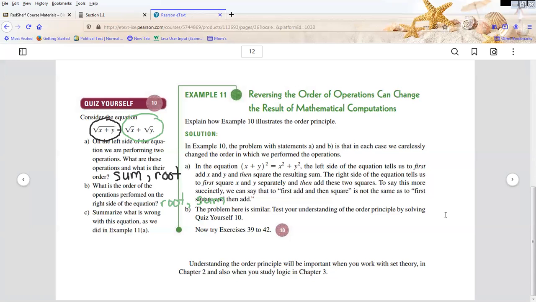So you can see, just like in the example, that there's a difference between adding and then taking the square root versus taking the square root and then adding.